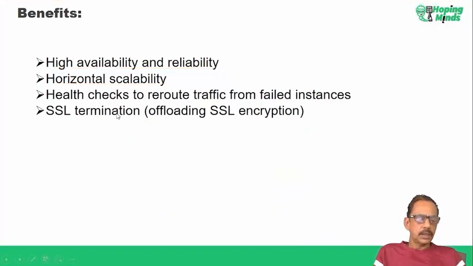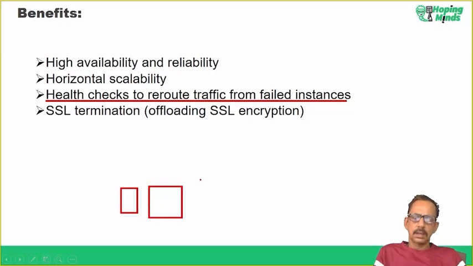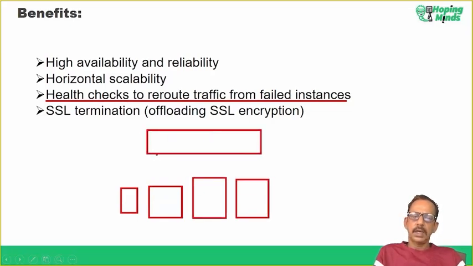Next, health check to reroute the traffic from failed instance. I already discussed that. If any one of the instances fails, the load balancer keeps checking the health of all the instances in the network.